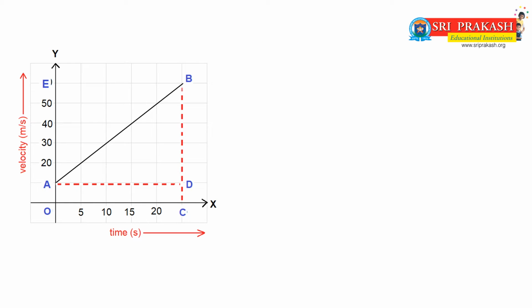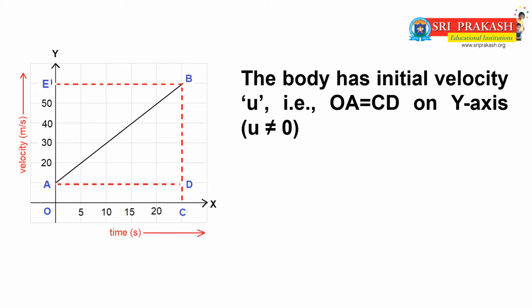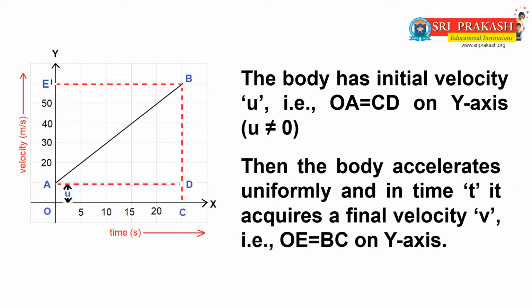Let us make some markings on the graph for easy identification. The body has initial velocity u, which is represented by OA, that is equal to CD on y-axis. Then the body accelerates uniformly, and in time t, it acquires final velocity which is equal to OE, and that is also equal to BC on y-axis.